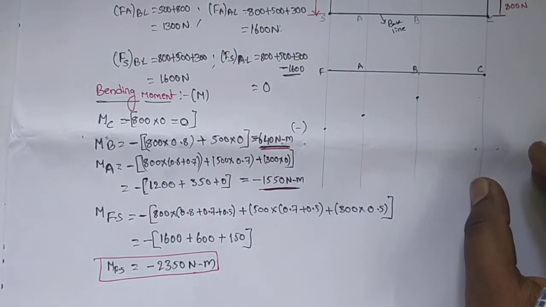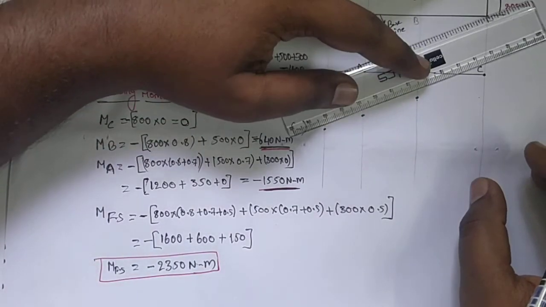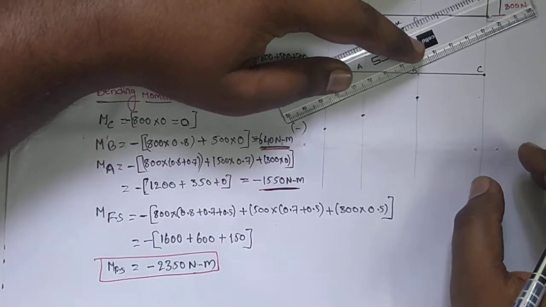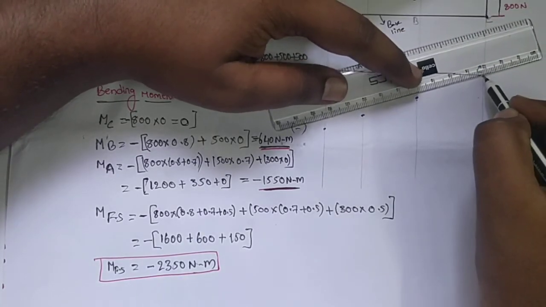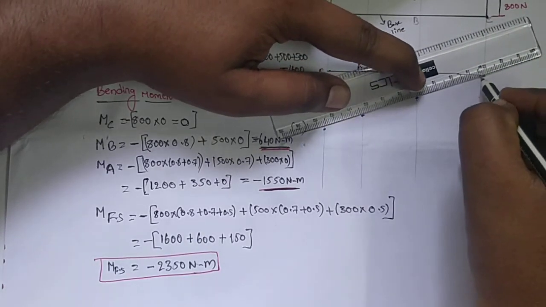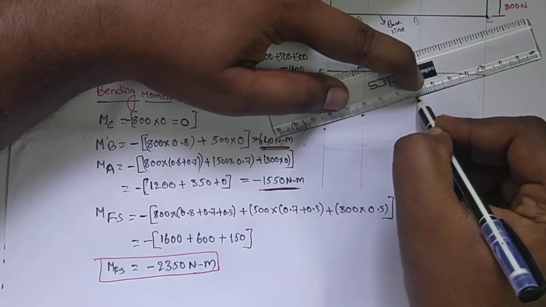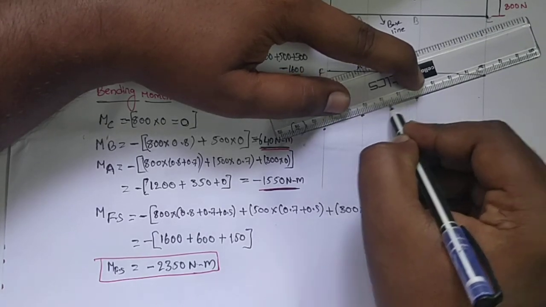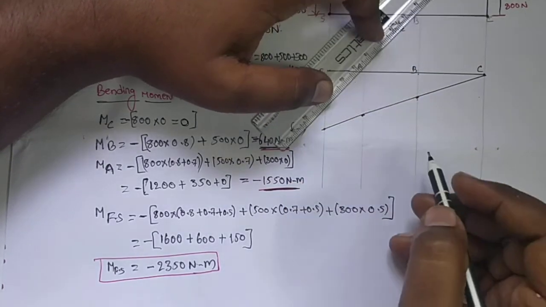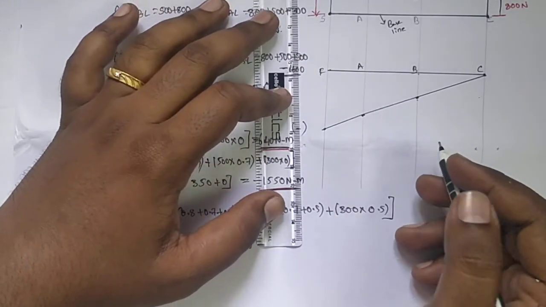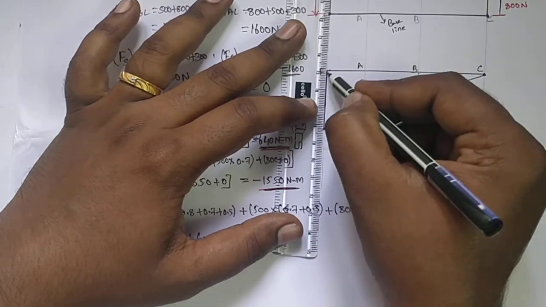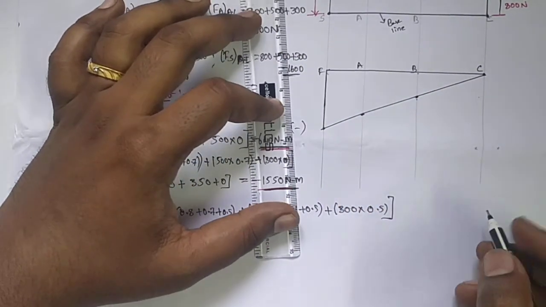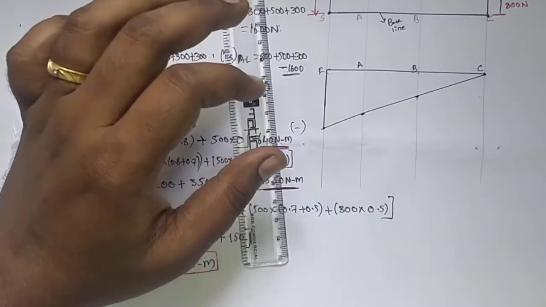Next, after completion, we need to join with straight lines. Okay, it is the variation of bending moment shown by using this bending moment diagram.